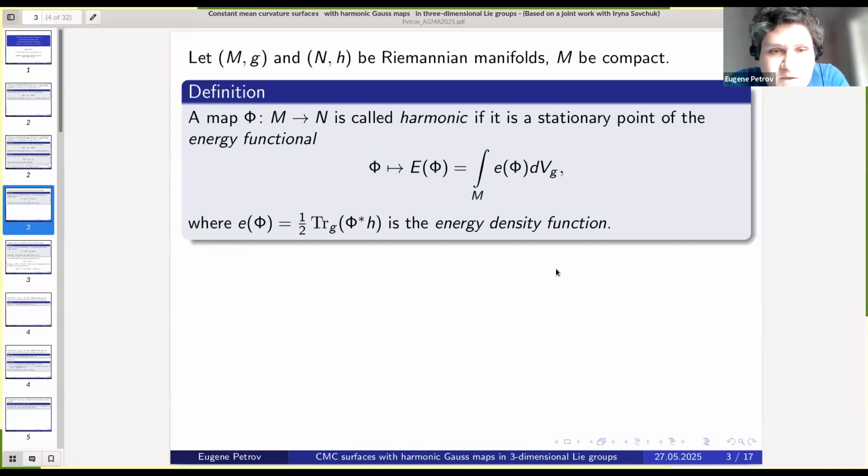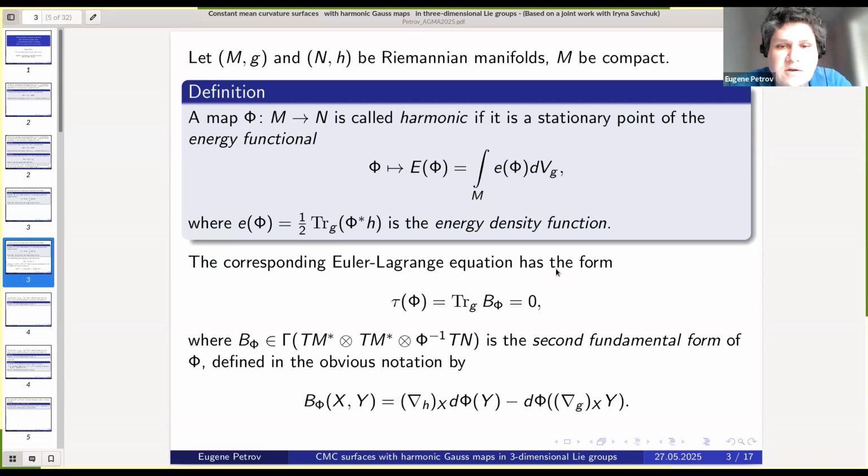It's an integral over M of the trace of the second metric with respect to the first metric. It's a variational problem. Its stationary points are called harmonic maps. As usual, we can write down the Euler-Lagrange equations. Here they have the following form: the trace of the second fundamental form of phi equals 0.